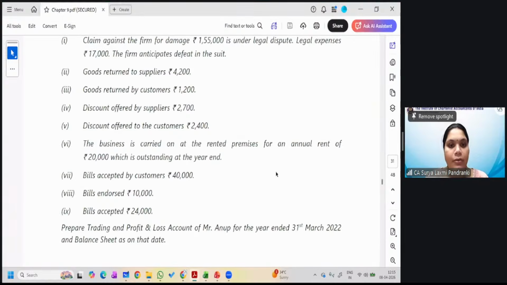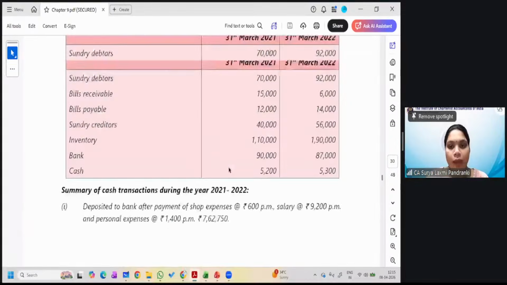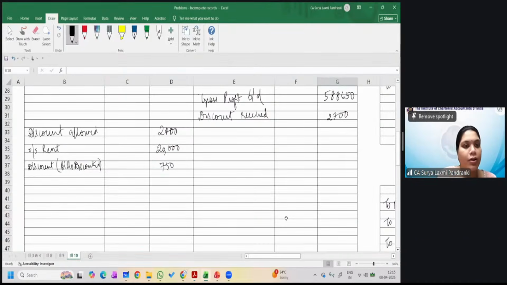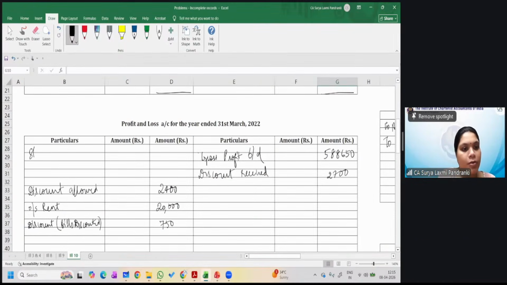I'll go back to the question. So we have salary, shop expense and salary, all those also will come. How much is the shop expense amount? 7200. Okay. Salary? 1,10,400.